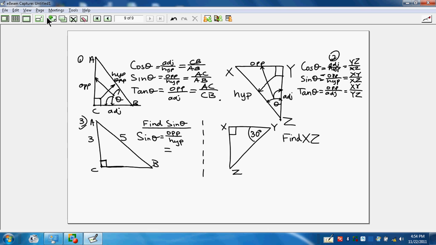Sorry, the angle theta was down at the corner of vertex B. So opposite would be the side furthest away from that, which will be AC. And hypotenuse would be the longest side, or the side opposite to the right angle, which would be AB.